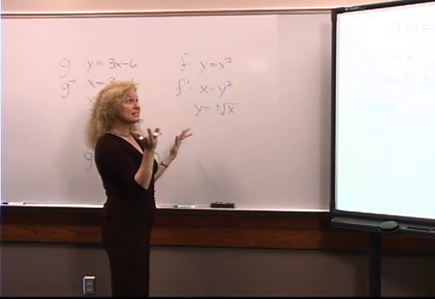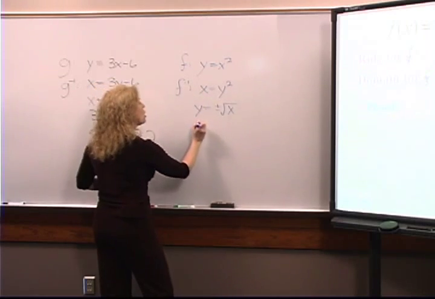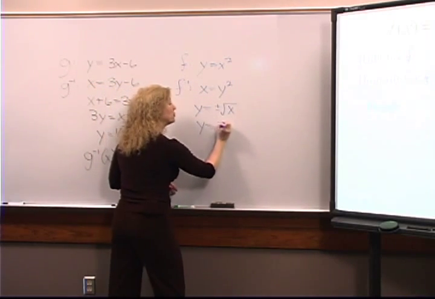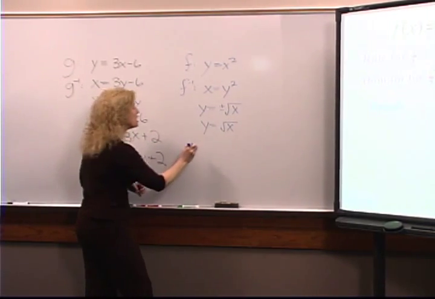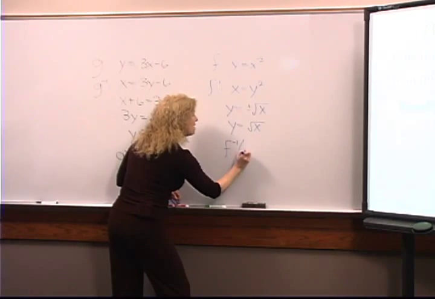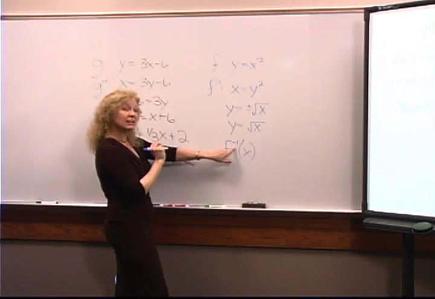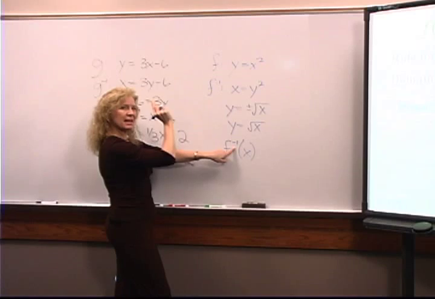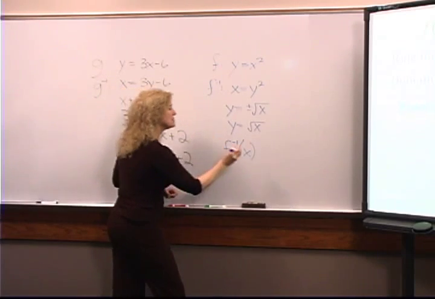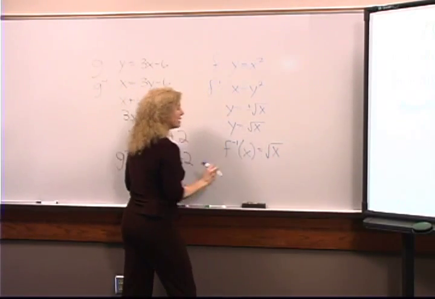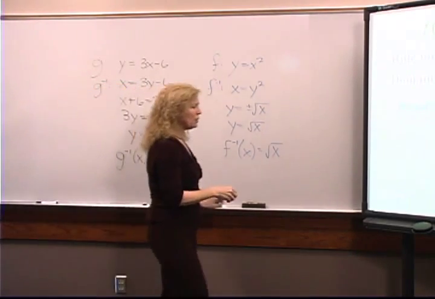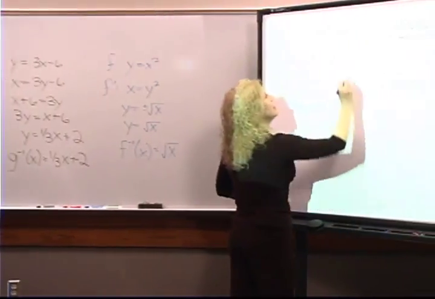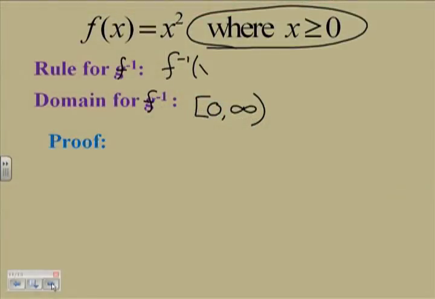That means the y's have to be 0 and bigger. So I ignore the negative square root and I say there is what I want. So f inverse of x, remember that's what that -1 sitting up there in that superscript position means, is square root of x. So our rule over here would be f inverse of x is equal to the square root of x.